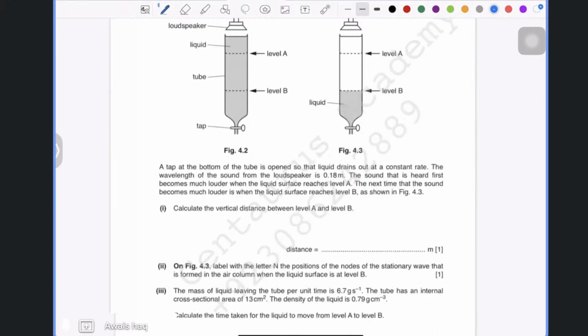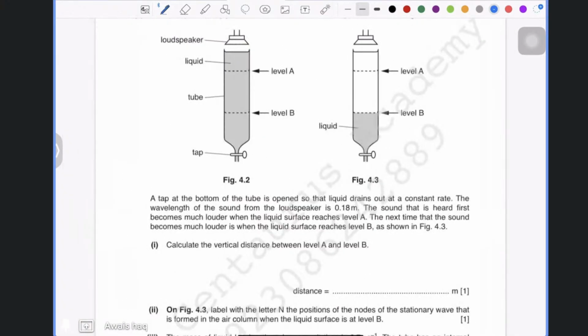Now it says the tap at bottom is opened so that the liquid drains out at constant rate. The wavelength of the sound from the loudspeaker is this much. The sound that is heard first becomes much louder when the liquid surface reaches A, which means here an antinode will be formed. And the next time the sound becomes much louder is when the liquid surface reaches B. So it means the next antinode would be formed here. So between this level and this level, two different antinodes have formed. So you just need to remember that.